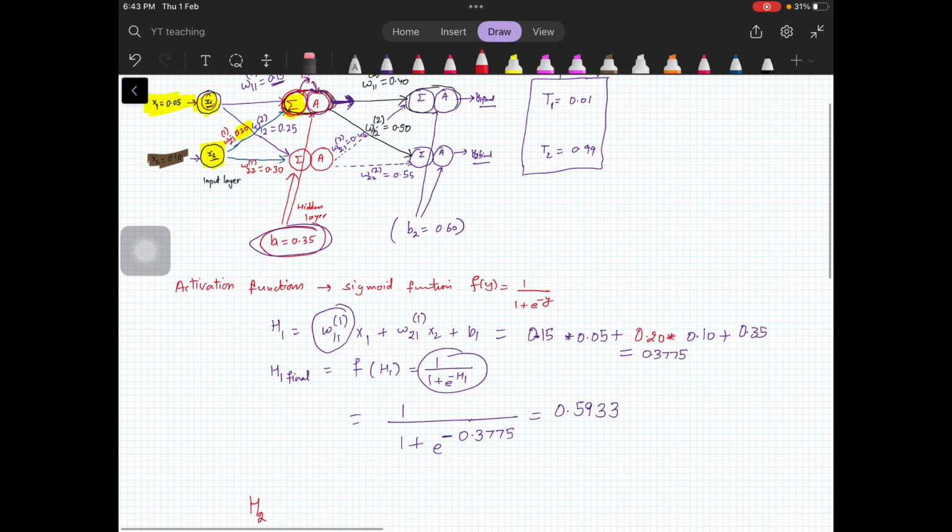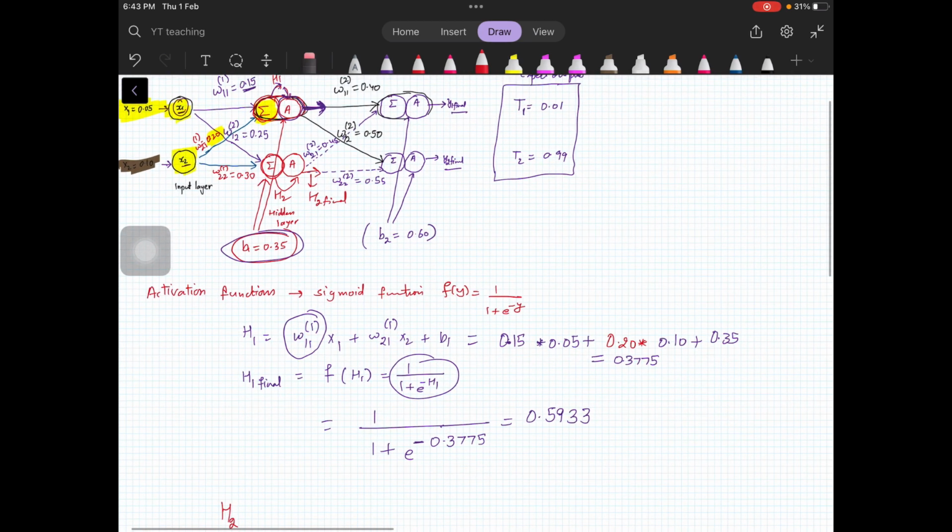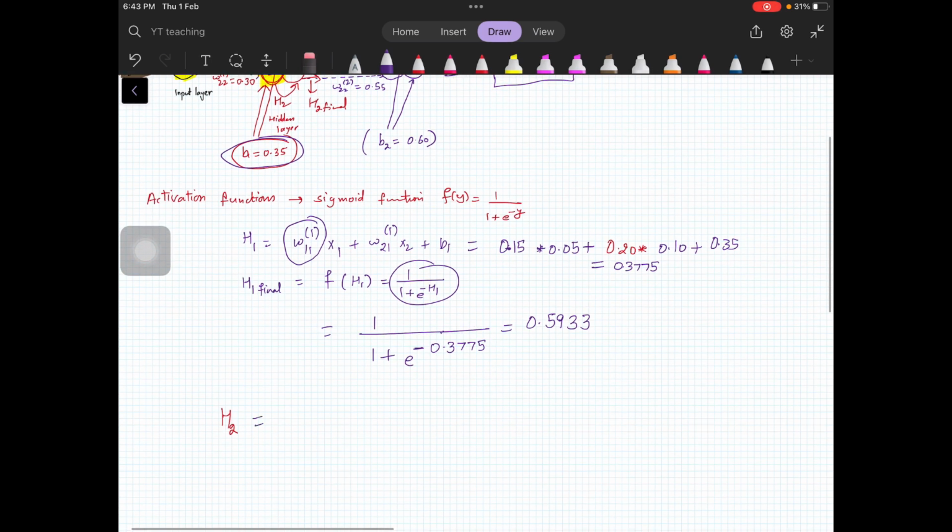Right, now let us come to your h2. Now h2 is coming, then it is going inside the activation function, and I am getting my h2 final. My activation function is the same everywhere. Now you see here what you are inputting, x1 and x2. So h2 would be the weight from 1 to 2 times x1, plus weight 2 to 2 times x2, plus again the same bias term b1.